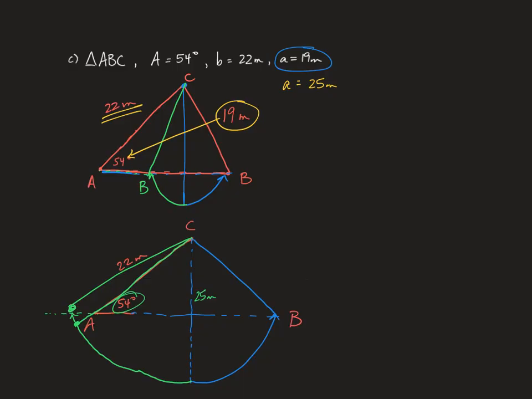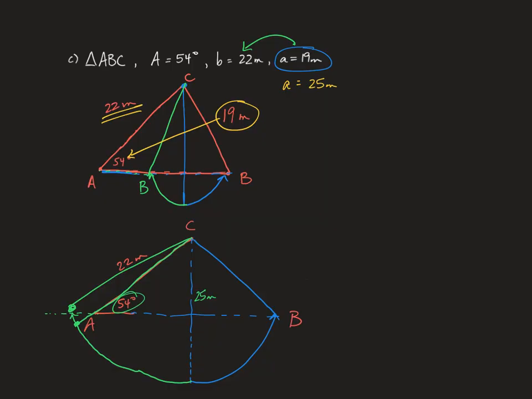So, what conclusion can we draw? You have to take a look at the given information. If I am given two sides and one angle, and one of those sides is the corresponding side of the given angle, then I need to compare it to the other side. So, when I took a look originally, side A is the corresponding side.